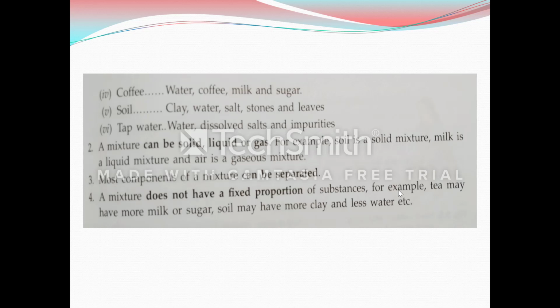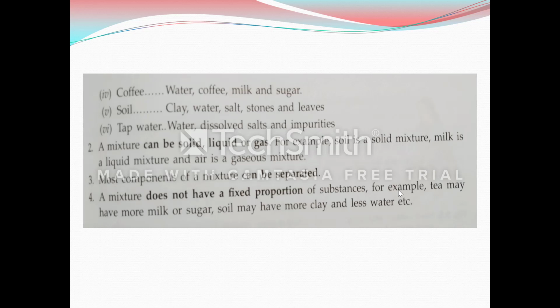Somebody else may want tea that is light, then I'll add fewer tea leaves. Somebody wants tea with less sugar, without sugar, or more sweetened tea. So the combination can vary depending upon our requirements. So a mixture does not have a fixed proportion of substances.